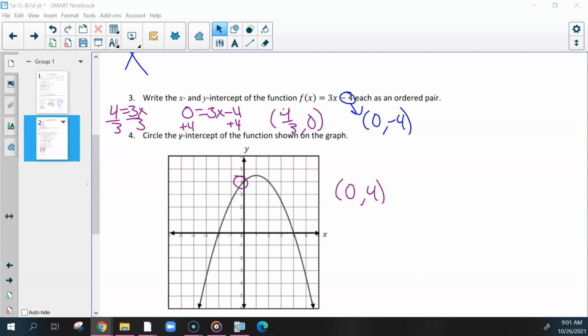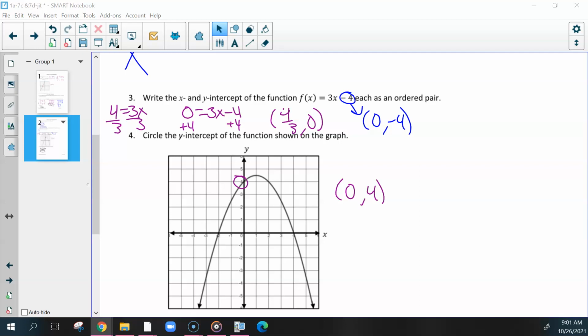Really quickly, before we start our new set of notes, did we have any questions on Delta Math or Khan Academy that we weren't sure about, we got stuck on, we wanted to go over? I'll give you a second if you're looking.